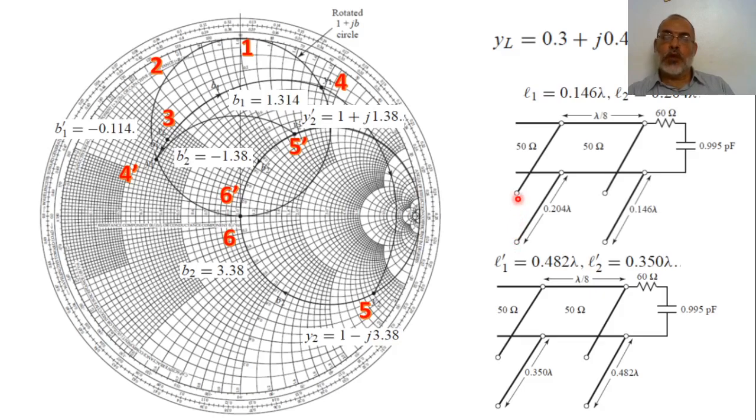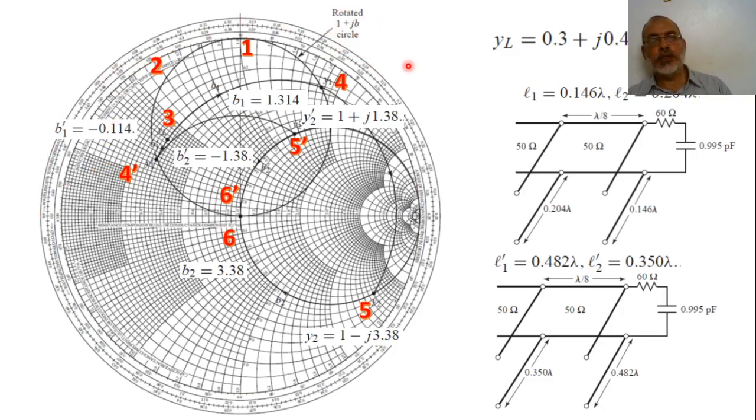The admittance of the open circuit step starts from 0. We are going to move until we intersect with the point 3.38. Then we are going to measure the distance, which is going from here to here, by moving toward the generator.